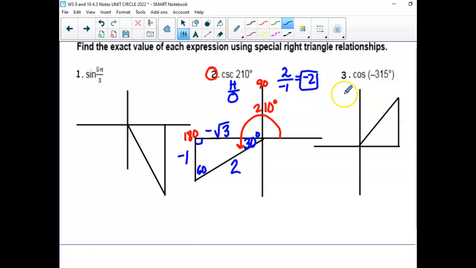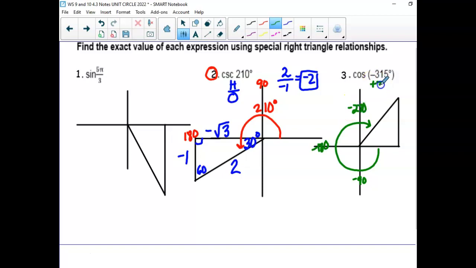Let's do number 3 just because it is the other triangle, and then we'll move on. This negative 315 means you're going this way, because you'd go negative 90, then negative 180, then negative 270.